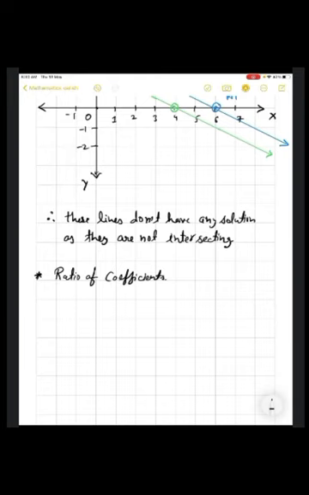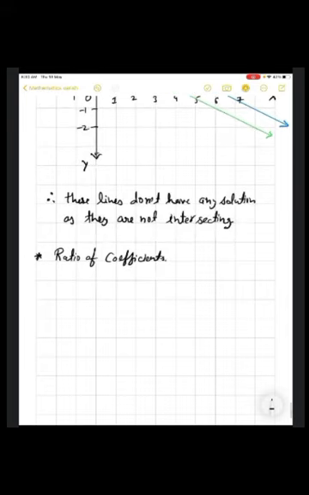So we'll be trying to figure out what are A1, B1, C1, and what are A2, B2, C2. So हमारा example था, our example was x plus 2y equals 4, and another equation was 2x plus 4y equals 12.